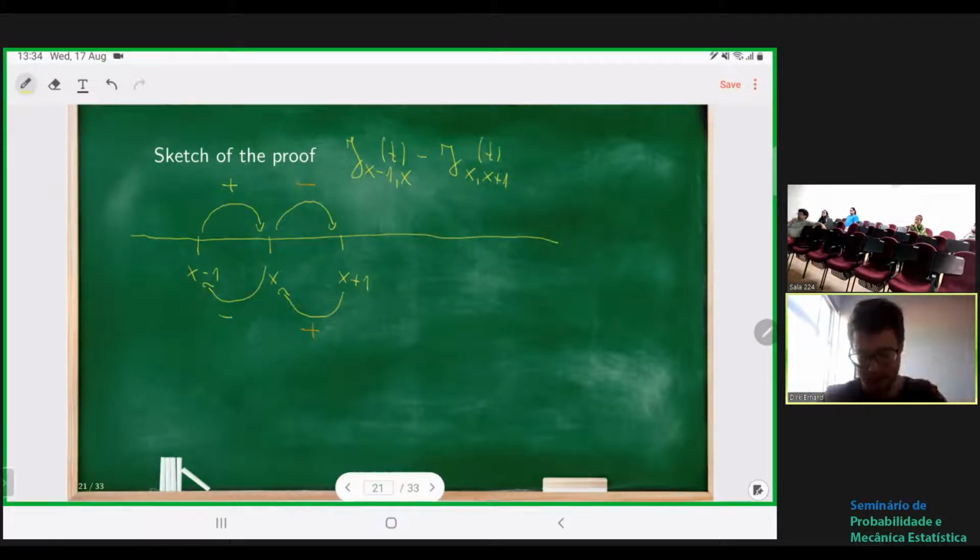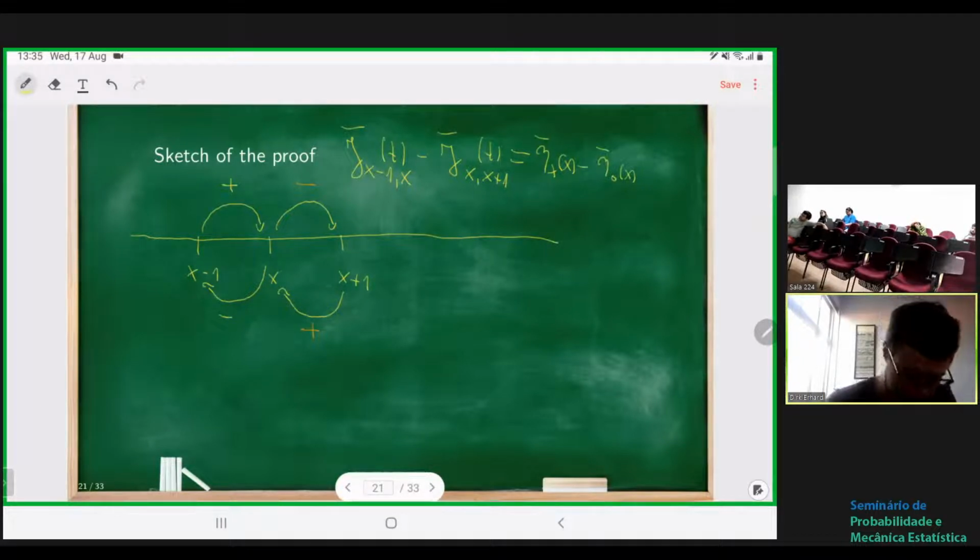So in a sense, this difference, j of x minus 1, x minus j of x, x plus 1, is what you essentially do: you compare the number of particles at position x at time t with the number of particles that were there at time 0. So in other words, you get this magic identity, which still holds if you center everything. And essentially, this identity is the key to prove the result.